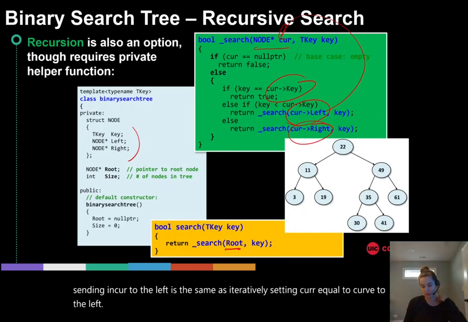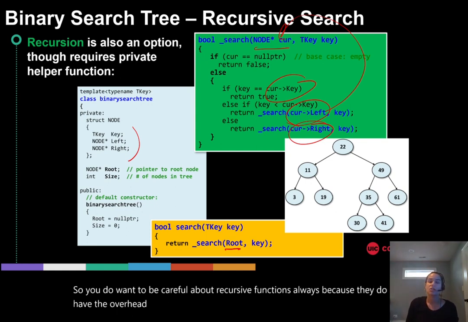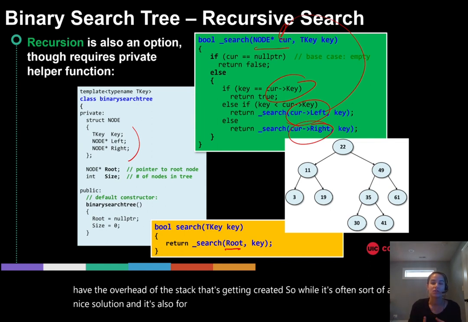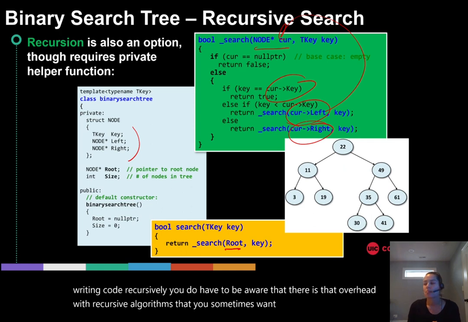So you do want to be careful about recursive functions always, because they do have the overhead of the stack that's getting created. While it's often a nice solution, and for some people very intuitive to think about writing code recursively, you do have to be aware that there is that overhead with recursive algorithms that you sometimes want to be careful about.